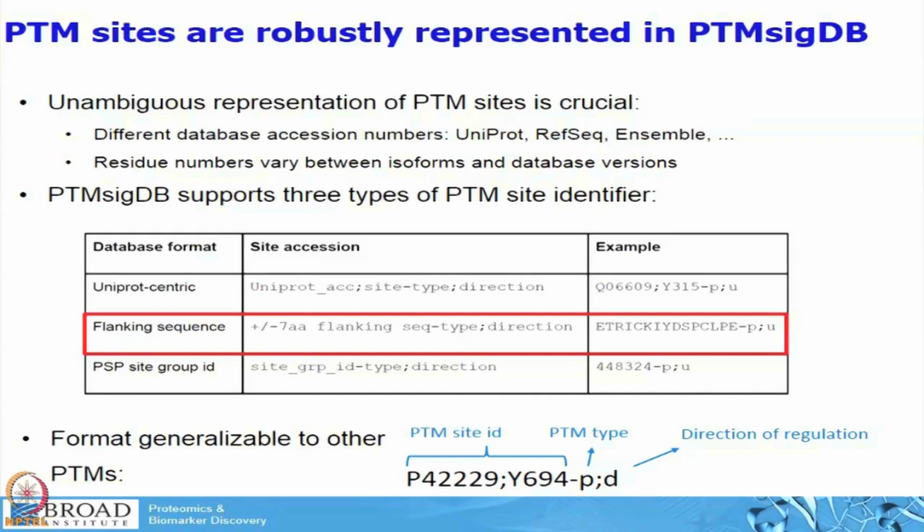And also PhosphoSitePlus is trying to come up with an unambiguous way to group sites across or within protein families. Just keep in mind, this residue number might change if you look at isoform A or isoform B, right? It might be the same site, but the residue number might be completely different. So the site group ID tries to harmonize those kinds of events.